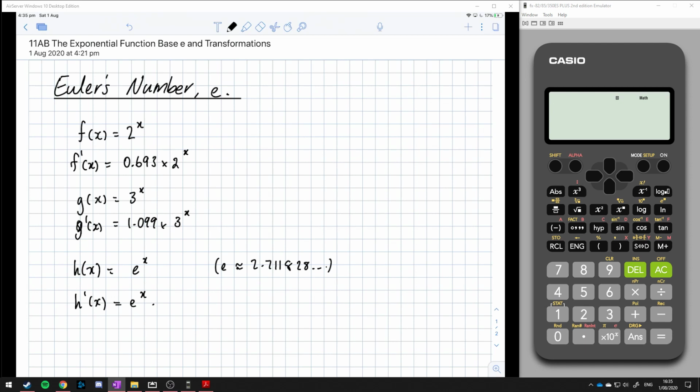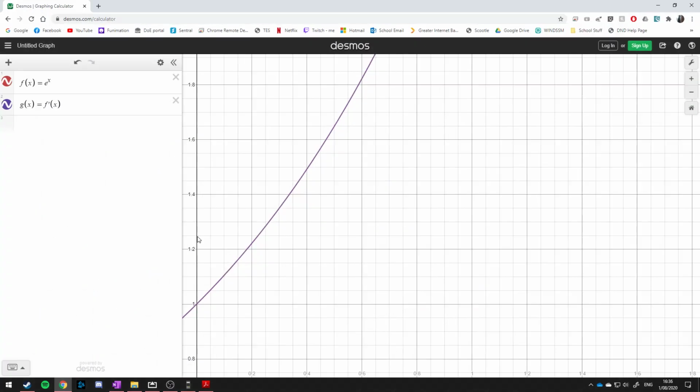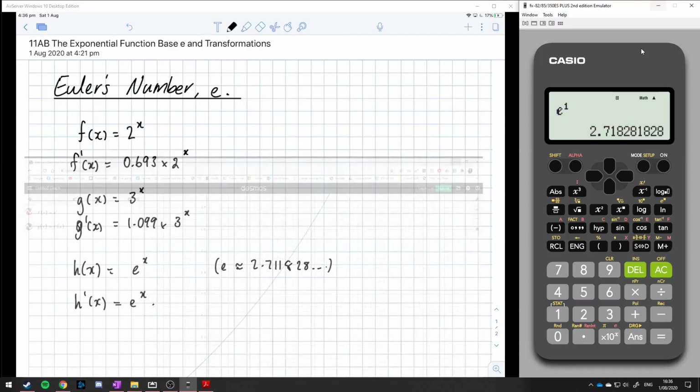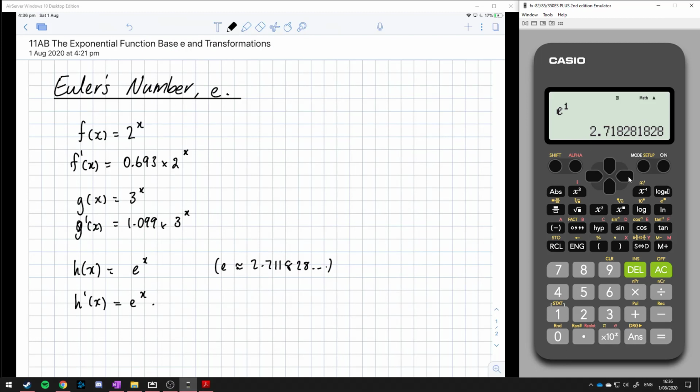Just like pi, Euler's number e is an irrational number. And if we differentiate e to the power of x, we end up with just e to the power of x. Your calculators actually have a button for e, and it allows you to do things with it. If we put e to the power of 1 into the calculator, it pops up 2.71828 and so on. It looks like my approximation was a little bit different, but anyway, the value here is what's known as e.